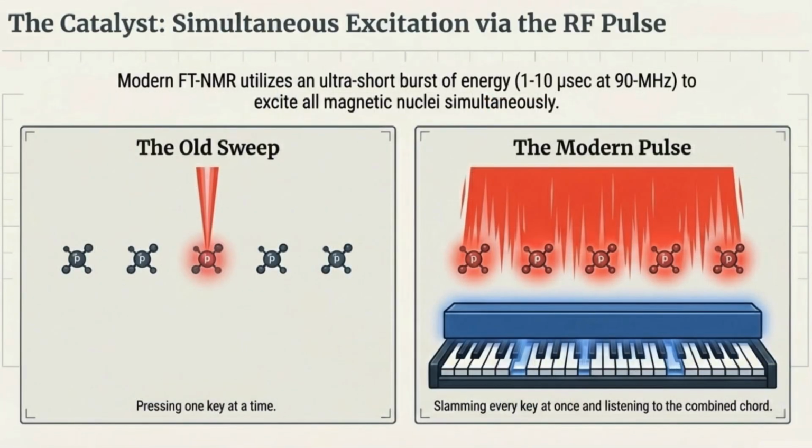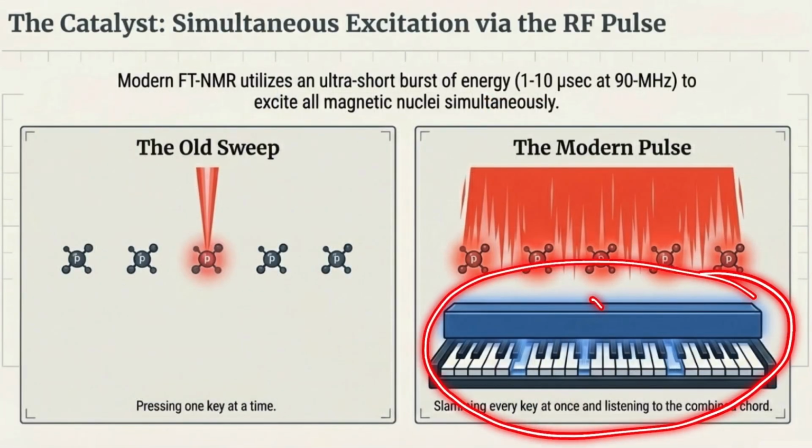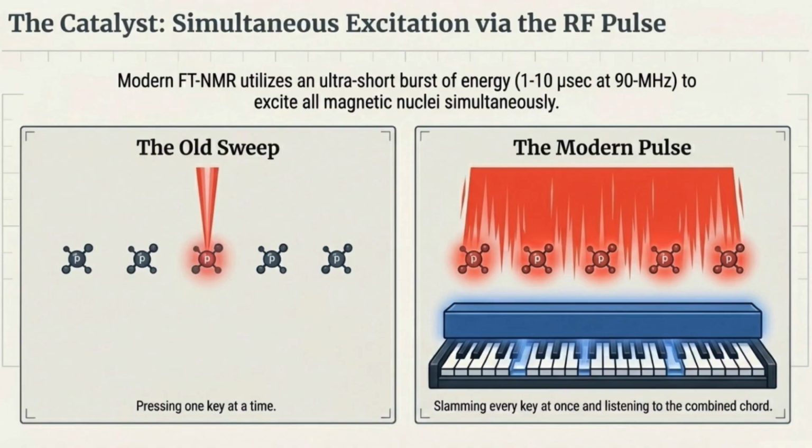In this slide we have again taken the analogy of playing piano. We compare simultaneous excitation via the radio frequency pulse with the continuous wave pattern. This is the old sweep method: we press one key at a time, only one type of proton is excited, and it gives its peak or signal.